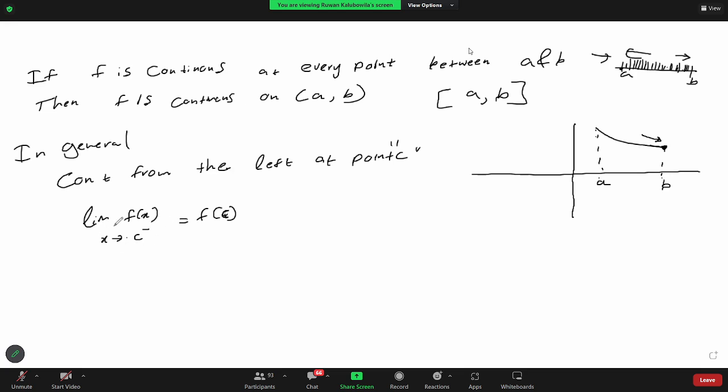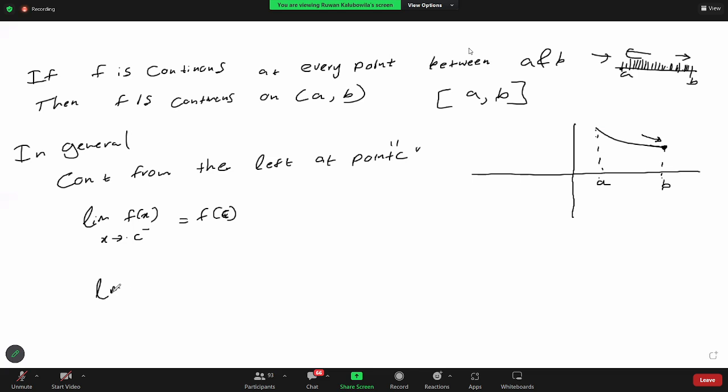If this one-sided limit is equal to f(C), the defined value, then and only then can we say this point should be included in the range.